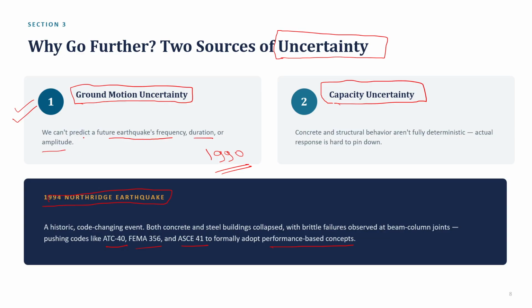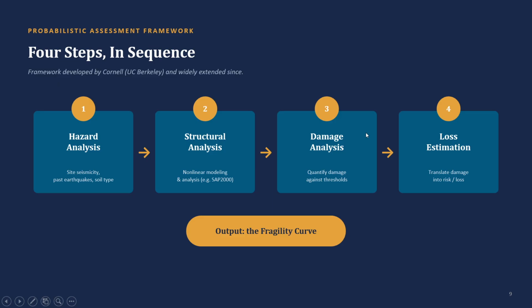And second, the capacity: concrete and steel or whatever structural behavior aren't fully deterministic, and the actual response is very hard to pin down. This is where the probabilistic assessment framework, or probabilistic performance based design, comes in.